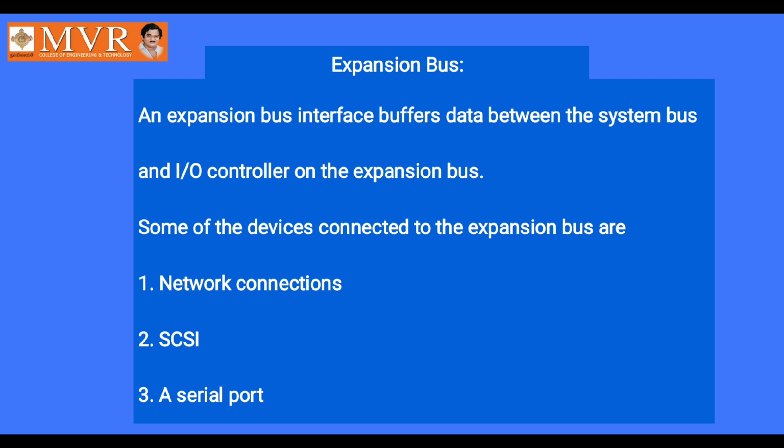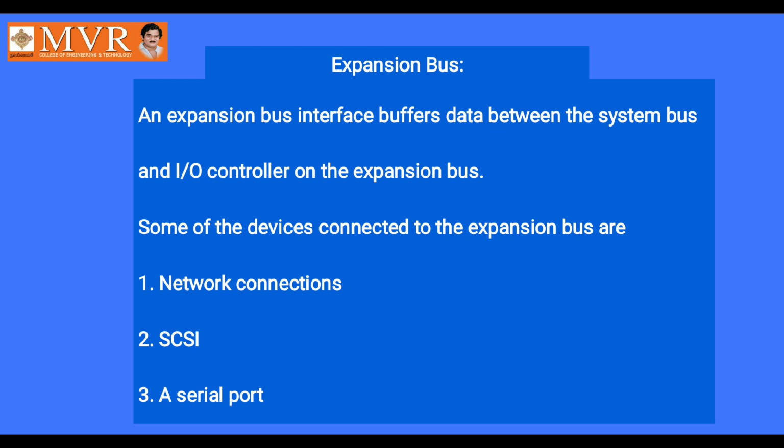See, I told you that data can be communicated not only between the components of a computer, but between two different computers also, if they are connected with the LAN. So if two different computers need to communicate, again there must be a path between these two.